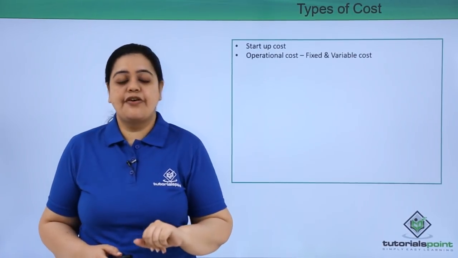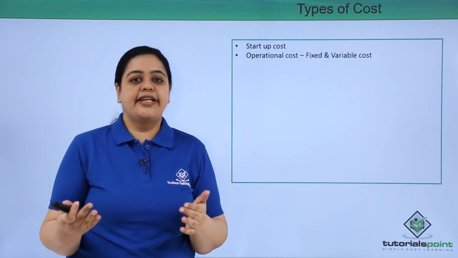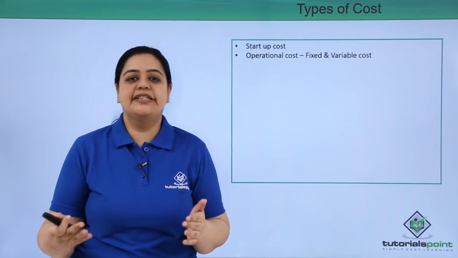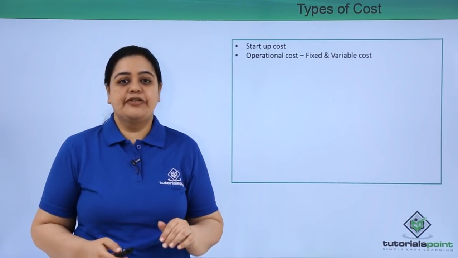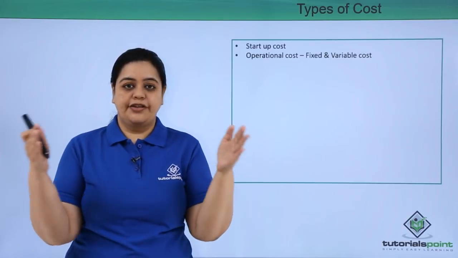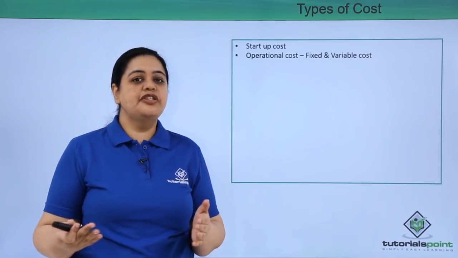What is operational cost? This is the cost which is necessary to incur to keep your business operating. So this would include your fixed and variable cost. For example, your factory, then you would have your machine. You need to produce the goods from those machines.